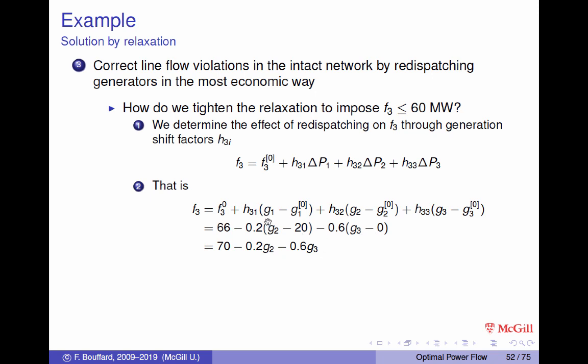And you're going to ask, where's my H31? Well, H31 is 0, so we've omitted it. So effectively now F3 will be equal to 70 minus 0.2 times G2 minus 0.6 times G3.